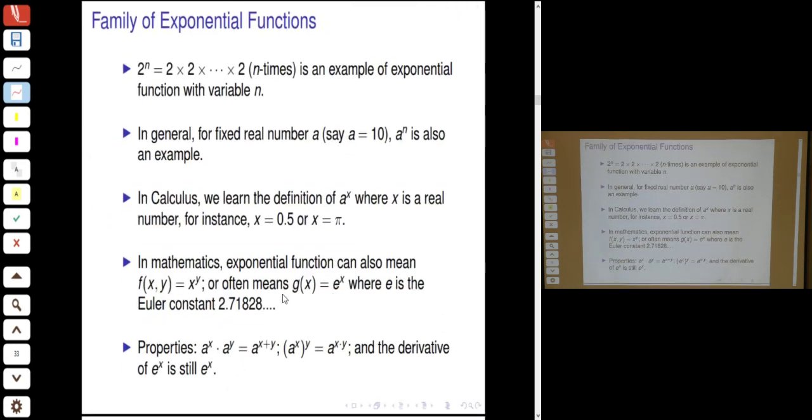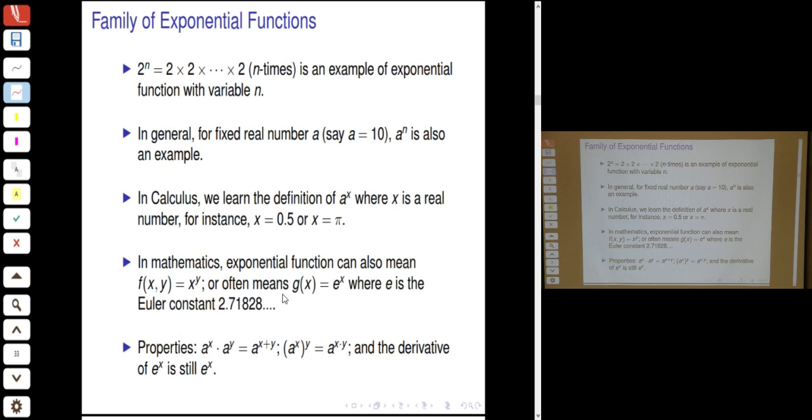This brings us to the notion of the family of exponential functions. So 2 to the n, 2 multiplied with itself n times, is an example of an exponential function with variable n. In general, for any fixed real number a, let's say a equal to 10, which is the case of the decimal base, a to the power of n is also an example.